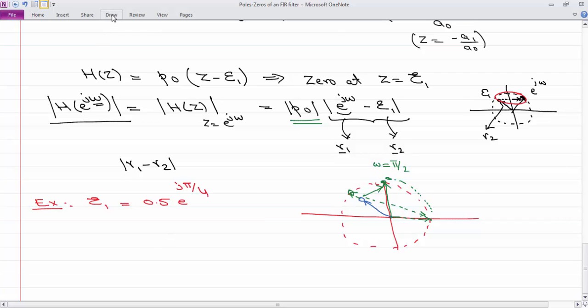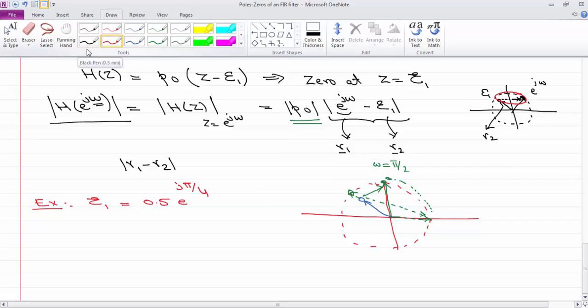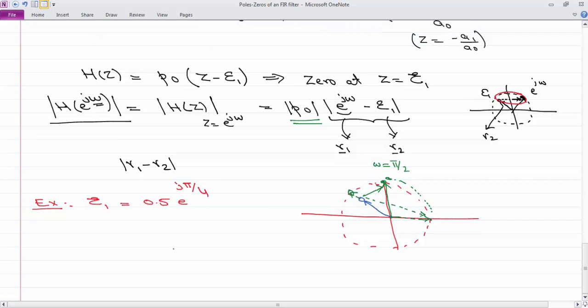So without knowing anything else, without even knowing the value of P0, just using the thing that I told you, right? This is your 0 frequency, omega equal to 0. This is omega equal to minus pi. This is omega equal to pi. And this is pi by 4.